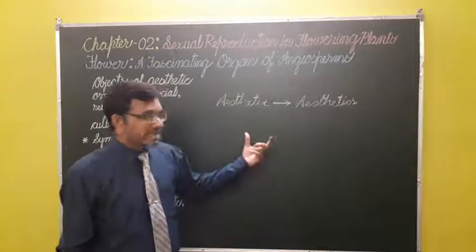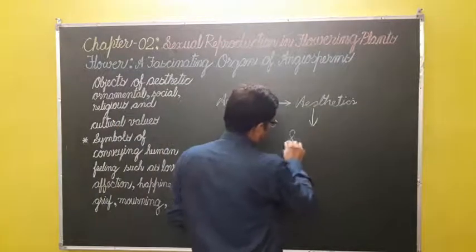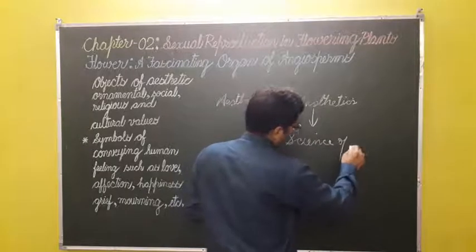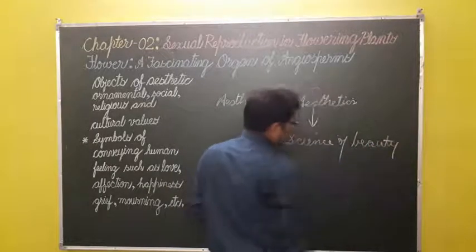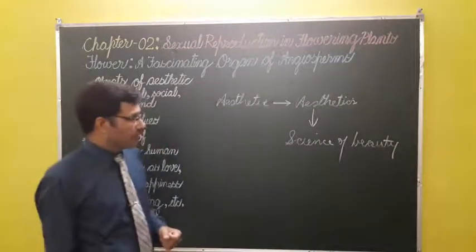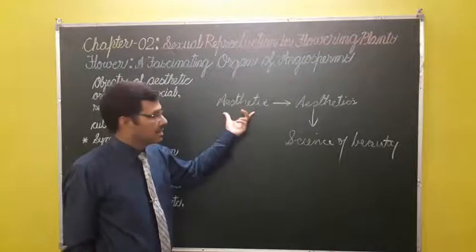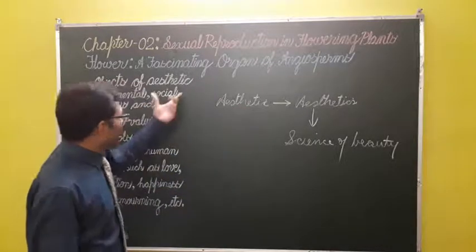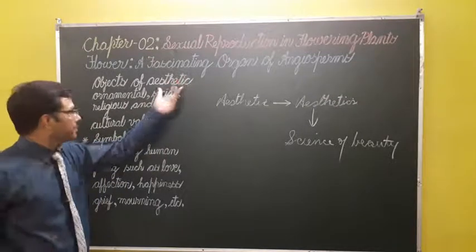The meaning of aesthetics is science of beauty. So in this way we can get the meaning of aesthetic. Aesthetic means concerned with beauty. So flowers are concerned with beauty. Yes, it is in the language of a layman.